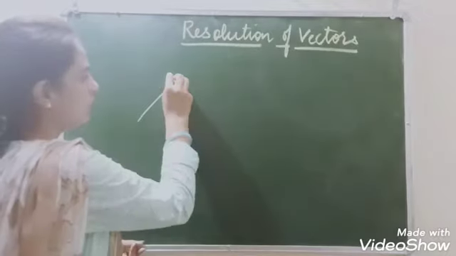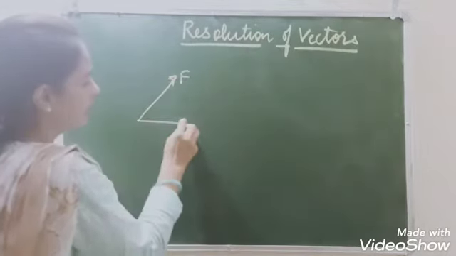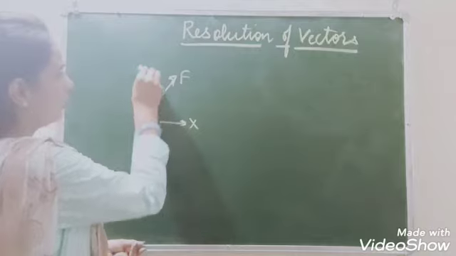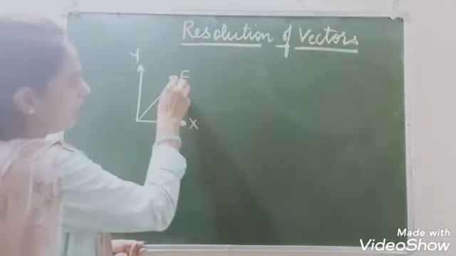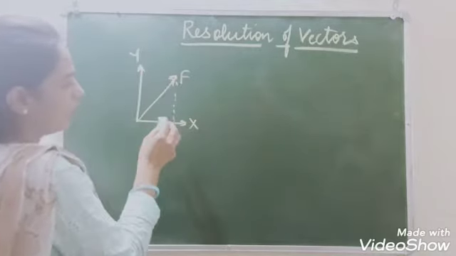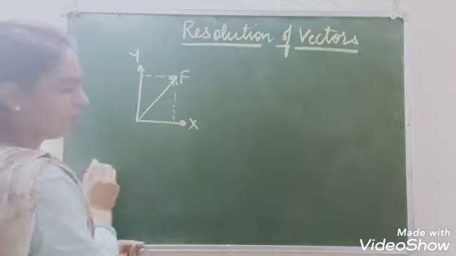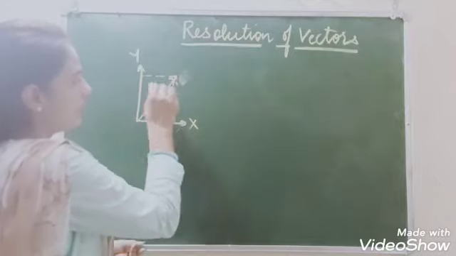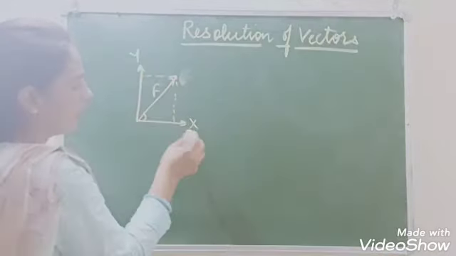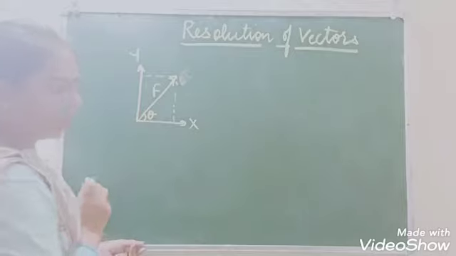So if I draw this vector F like this in the xy plane, I am dropping a perpendicular on the x-axis and a perpendicular on the y-axis. Let us say this vector F is inclined to the x-axis at an angle theta.